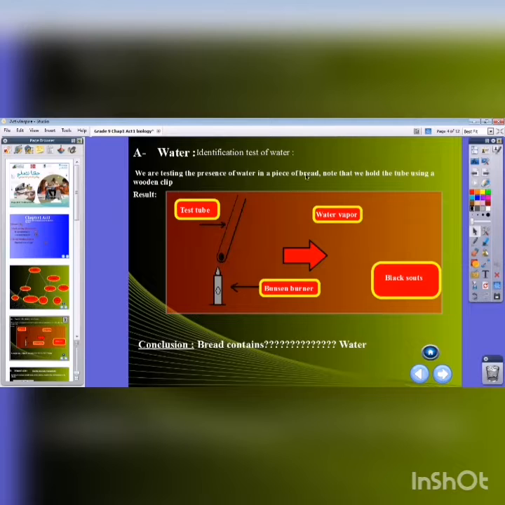We take a piece of bread in order to identify the presence of water in it. We put it inside a test tube and we heat it. After a little time, we observe some water droplets on the extremity of the tube and a black soot in the bottom of the tube.